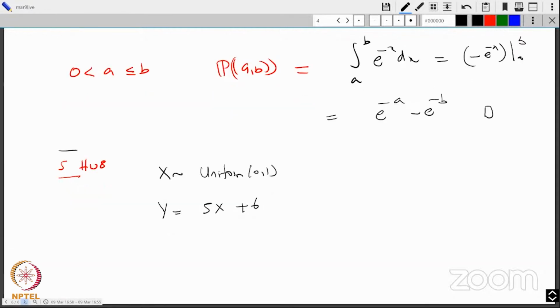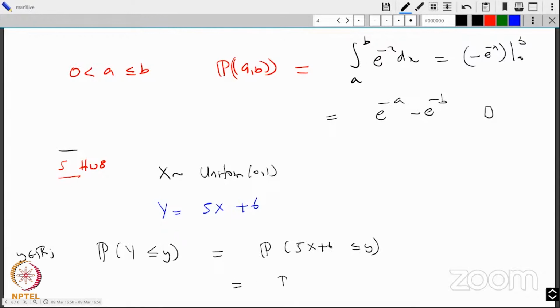So let me just do a simple calculation. When you want to find the distribution of Y, the way one does it is this. You try and understand the distribution function of Y. So the probability of Y less than or equal to y, for any y. You try to understand that first. What's that going to be? That's the same as the chance that 5X plus 6 is less than or equal to y.